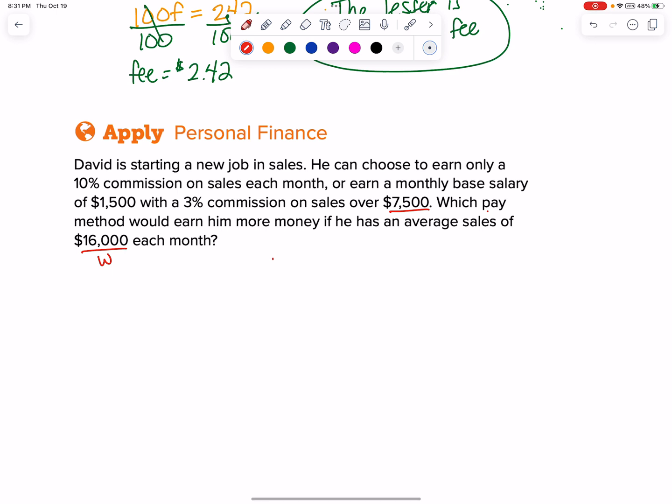That's my very first thing, just finding 10%. So this is the 10% category here, 10% on my sales. If I sell $16,000, let's set this up. What would my commission be? We'll use C for commission. So I have 100C equals 16,000 times 10.